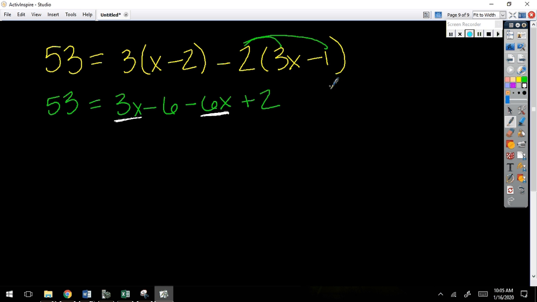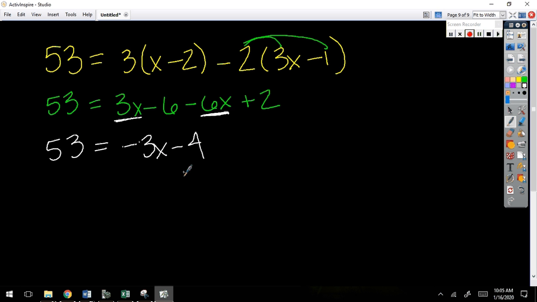If they have the same base and the same exponent, they're like terms, and you can combine the coefficients in front. So this becomes 53 equals, well, 3x and negative 6x gives me negative 3x minus 4. Now does it look like something you can SAD map your way out of? Yes. All right, so what do I do first?